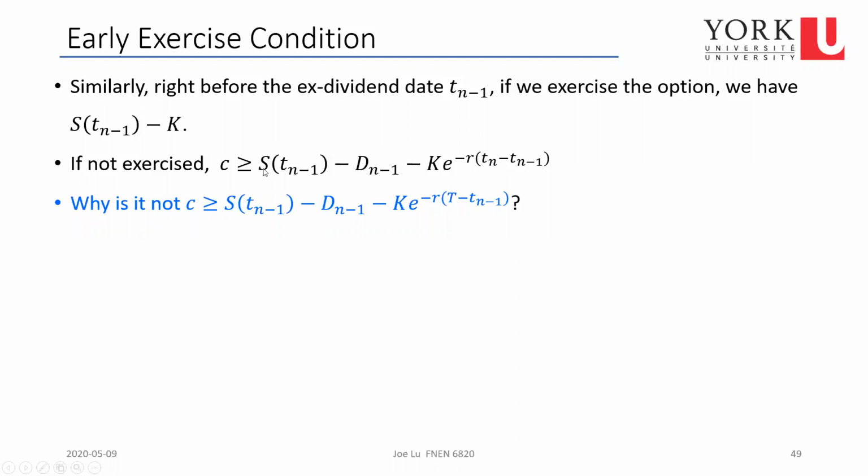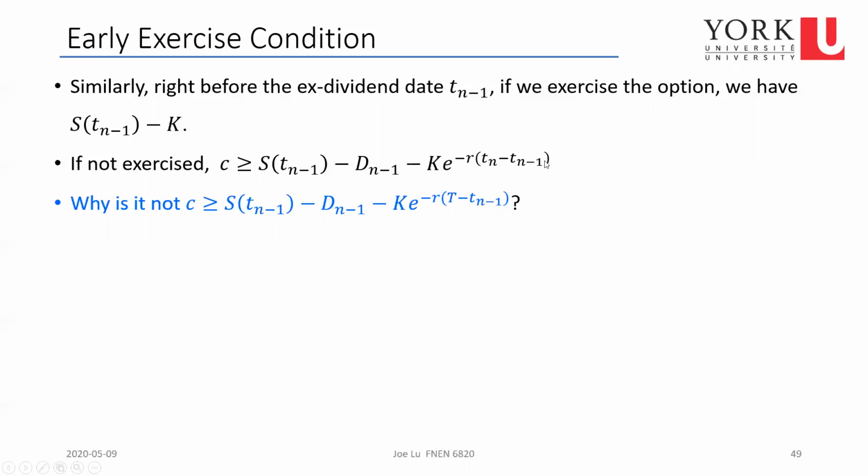So basically, the stock price right before the dividend payment at time Tn minus 1, minus the dividend payment here, and minus the present value of the strike price, where the discounting is taking place between Tn and Tn minus 1.